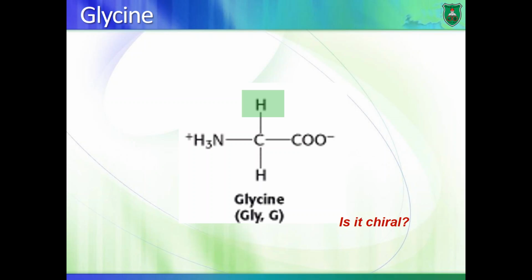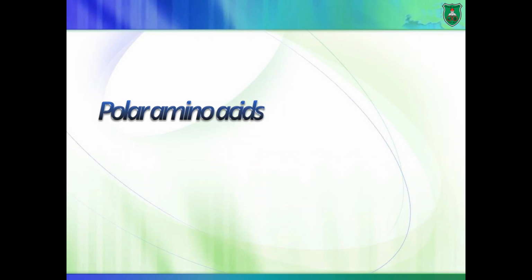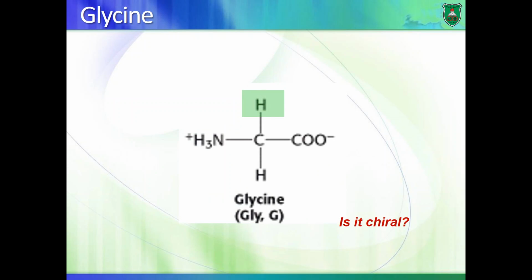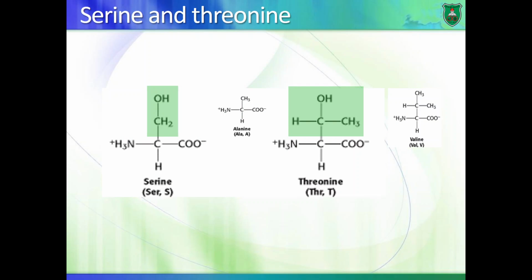Okay, so we'll talk about the polar amino acids. And notice that I put glycine here because overall the amino acid itself is a polar amino acid. Alright, so let's go over these amino acids having polar R groups. We have serine and threonine. Both of them have hydroxyl groups in their R groups.